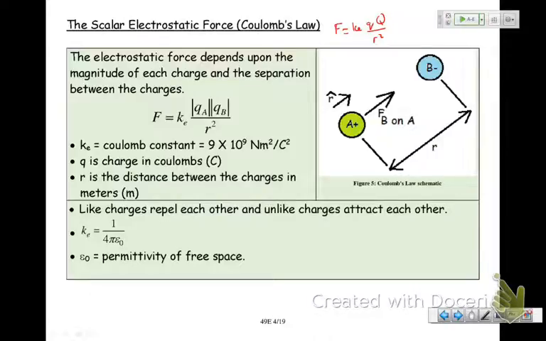In this, good old Coulomb did pretty much what Newton did. Newton looked at the moon and the earth, and he said, I think the force due to gravity depends upon the mass of the moon and the mass of the earth. And as the moon gets more massive, I expect the force to get bigger, so let's put the mass of the moon on top. And as the earth gets more massive, I expect the force of gravity to get bigger, so put the mass of the earth on the top.